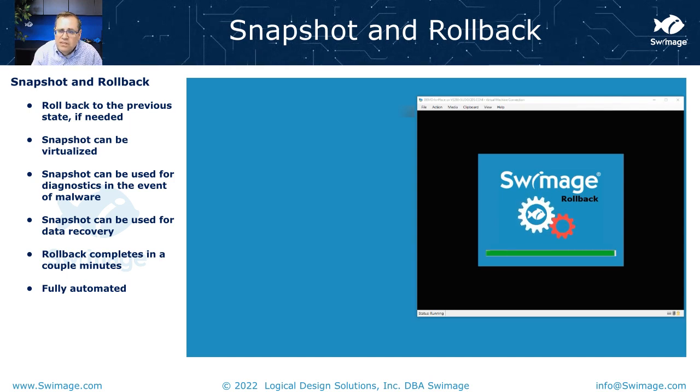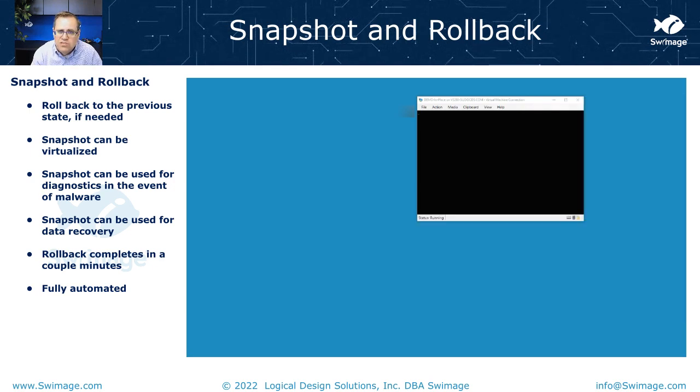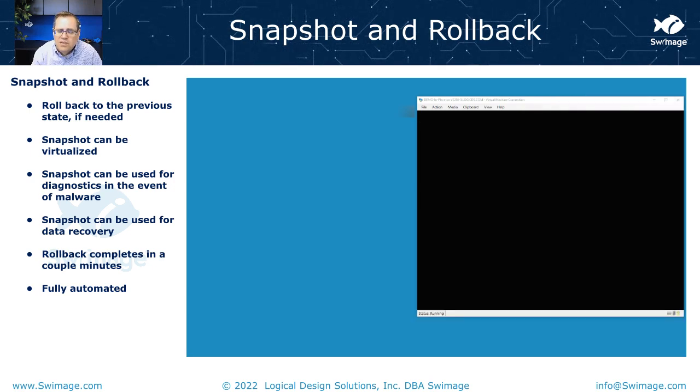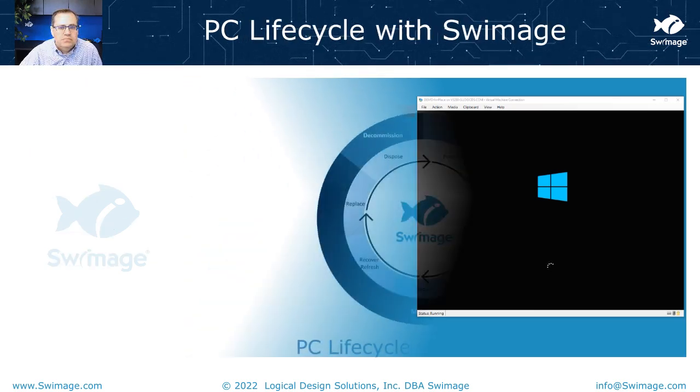It's going to roll the entire file system back to the Windows 10 that it had prior. And when it does roll back, everything's the same. You've got all your same applications, all your same data, same locations. Everything's identical. And there's the rollback process. It's finished. It's now booting into Windows 10 where it was before. Very simple process.